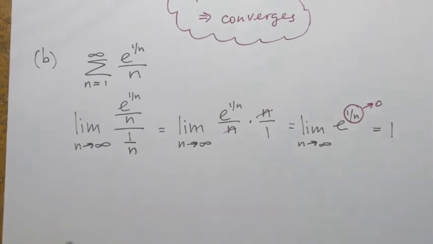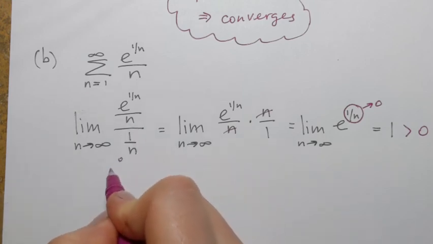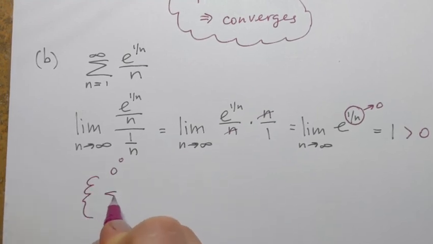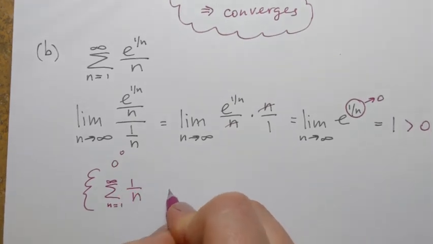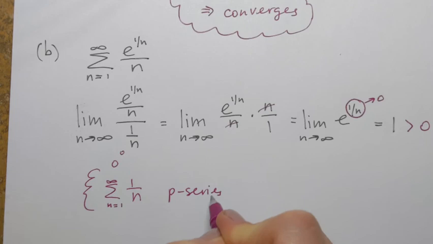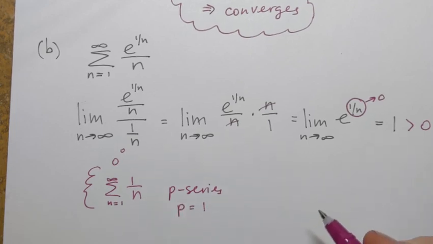Once again, I got a finite number that is positive, greater than 0. So I will be able to say whether my series converges or diverges once I figure out if the series containing this general term is convergent or divergent. That's a p-series with power equals 1.